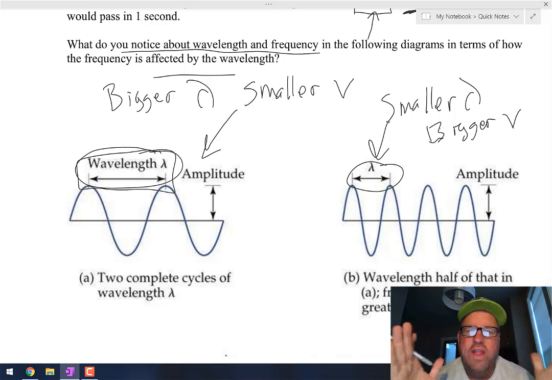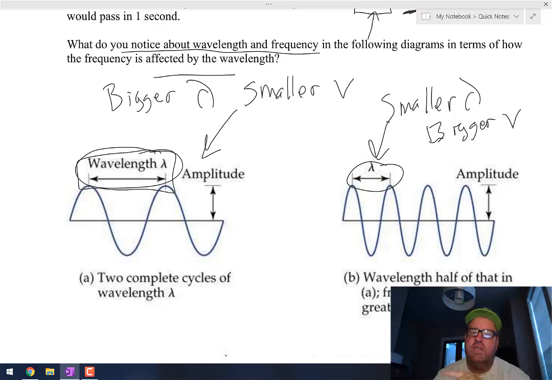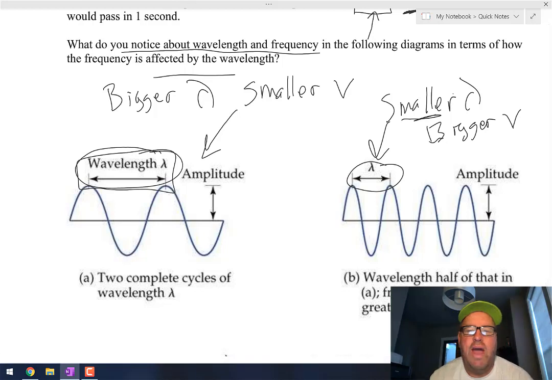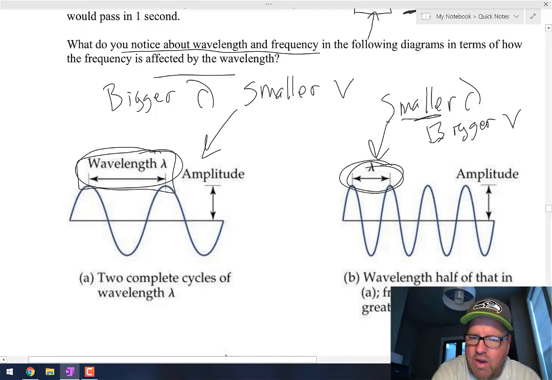When the wavelength is big, like a radio wave, there's not as many waves that pass by every second because it's a bigger wave, and remember, they're all traveling at the speed of light. When the wavelength is smaller, when you're up in the X-rays or even the visible light spectrum, more waves can pass by every second because the length of that wave is smaller, so therefore the frequency is going to be bigger.